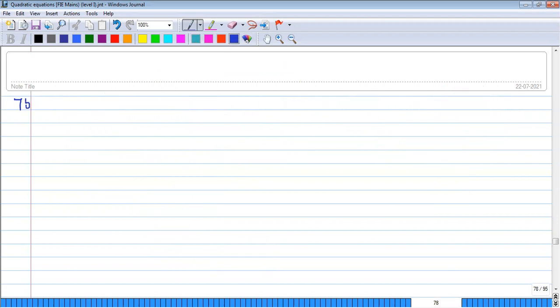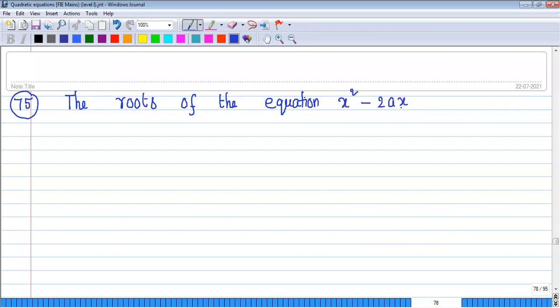Next, 75th question. The roots of the equation x square minus 2ax, x coefficient is minus 2a here, plus 8a minus 15, 8a minus 15 is constant, equals to 0, are equal.